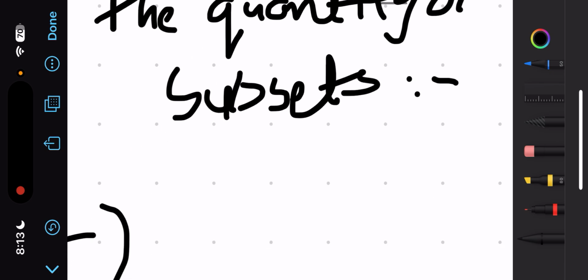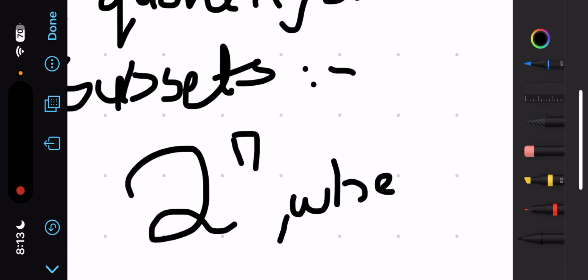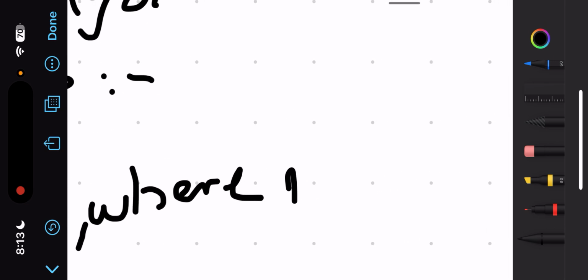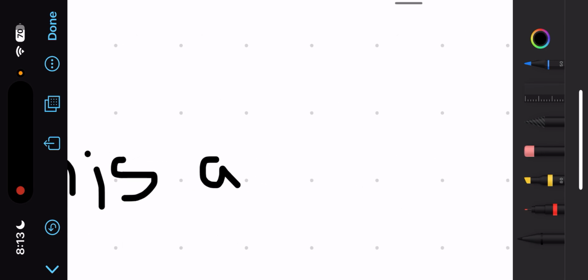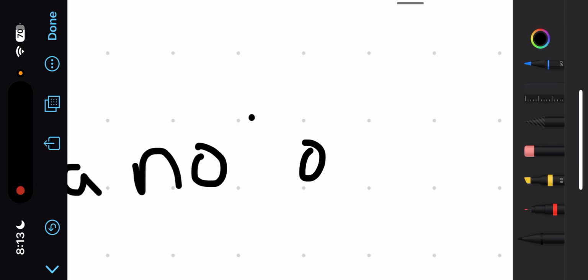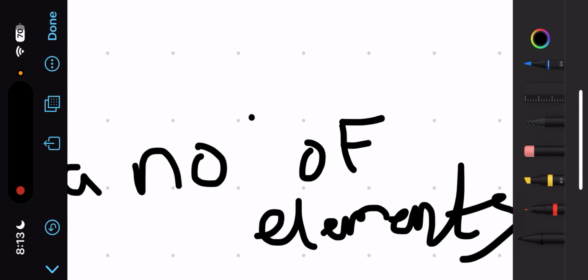We will use the formula 2^n, where n is the number of elements.